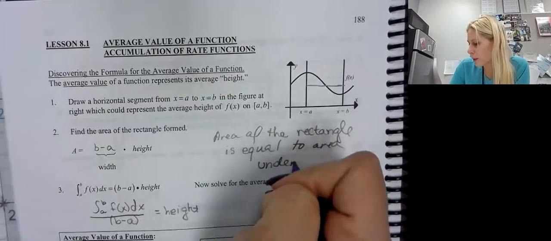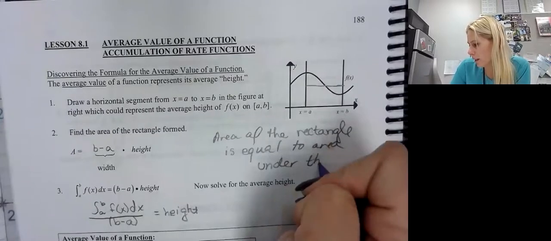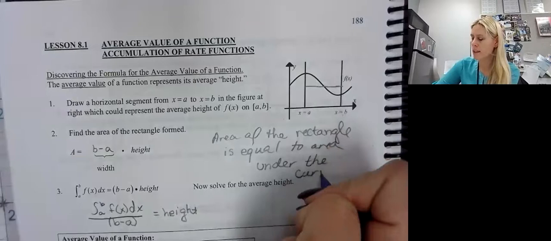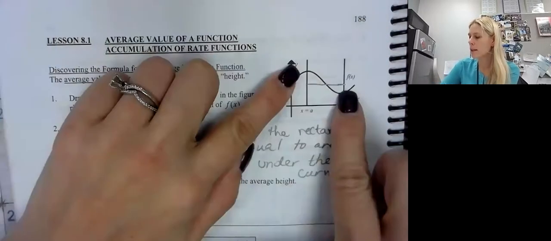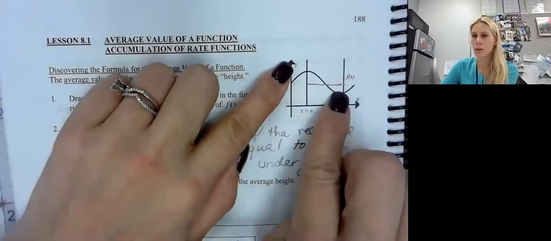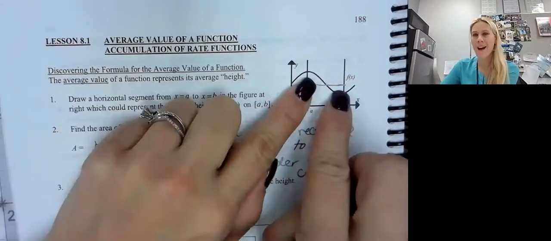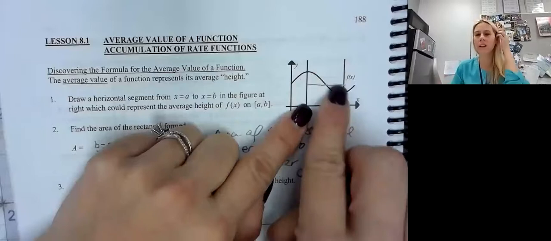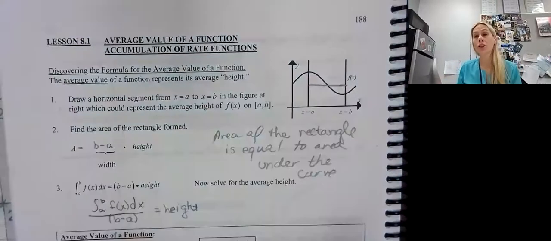Let's see if you guys can picture that. Go back to that rectangle. Area under the curve from here to here, we have this curve right here. But if we did halfway, don't those two equal? And now we have the area of the rectangle. So that is how the area of the rectangle is equal to the area under the curve. Okay.